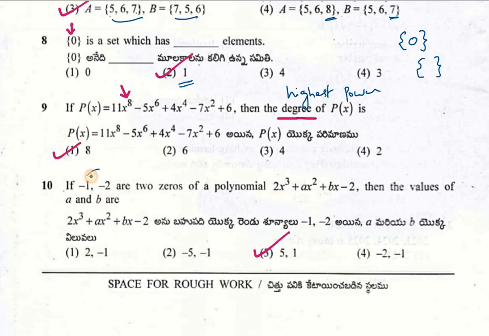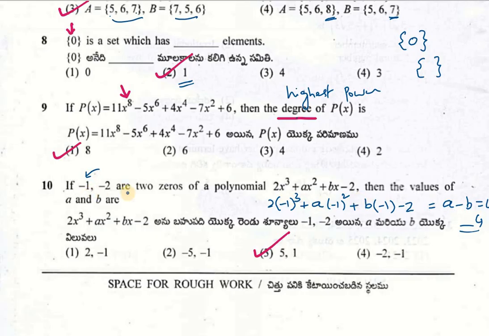For minus 1, what will we get? 2 into minus 1 power cube, plus a into minus 1 square, plus b into minus 1. Wherever x is there, you keep minus 1, then minus 2. If you solve this one, what you will get here is a minus b is equal to 4.